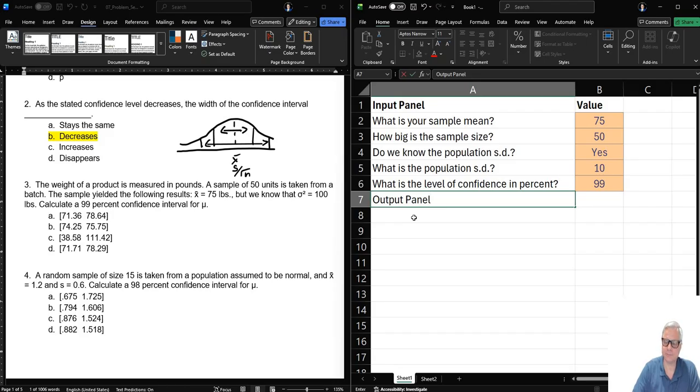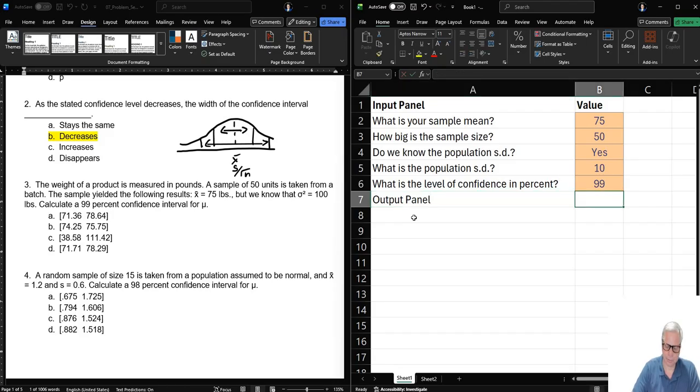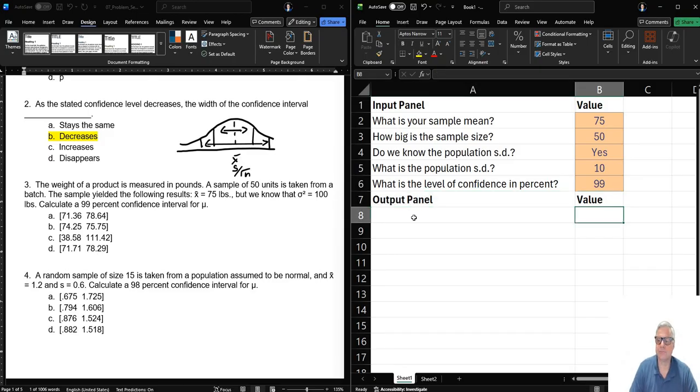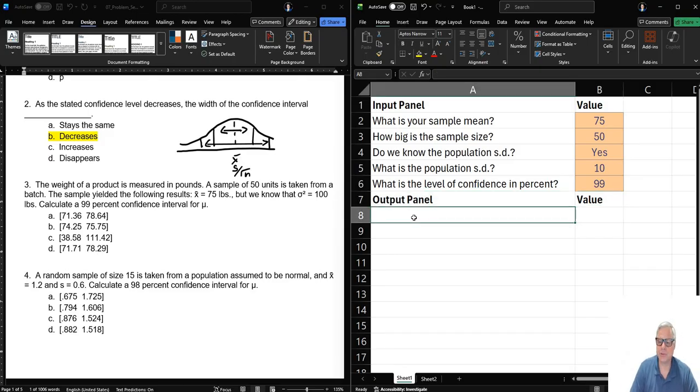Output panel, and again we have the value. So the user probably wants to know what is the t-score, or the z-score, that goes into the confidence interval.